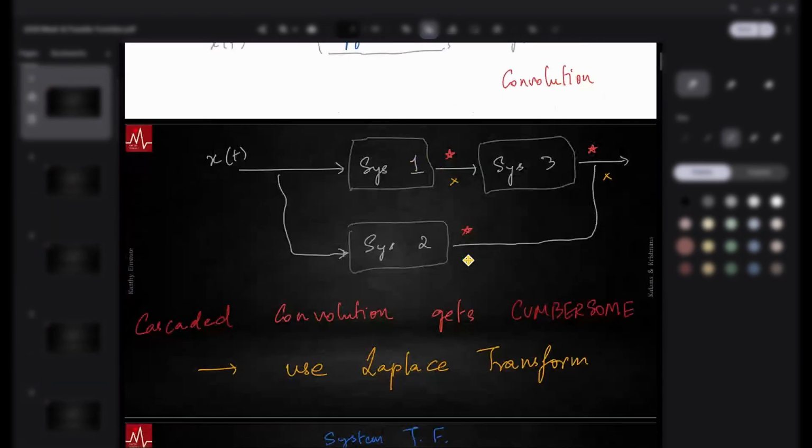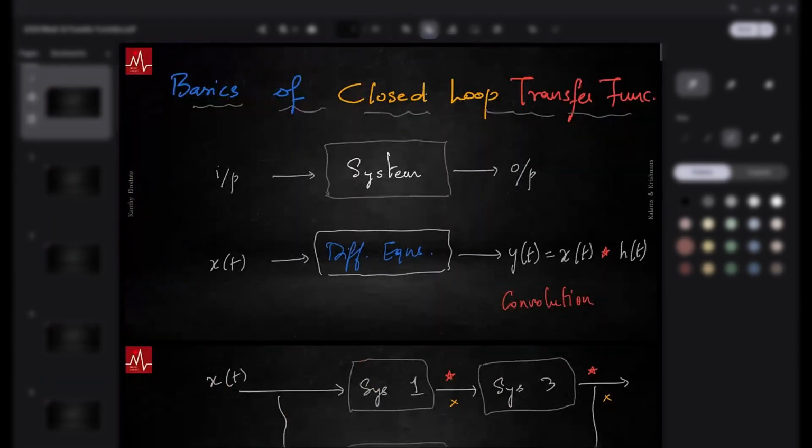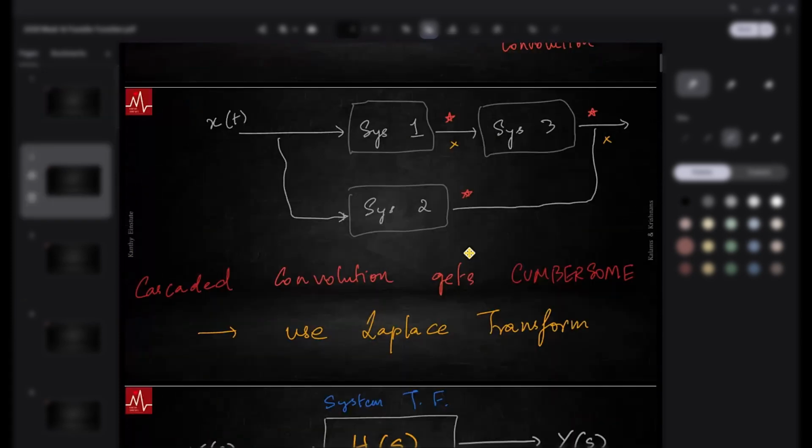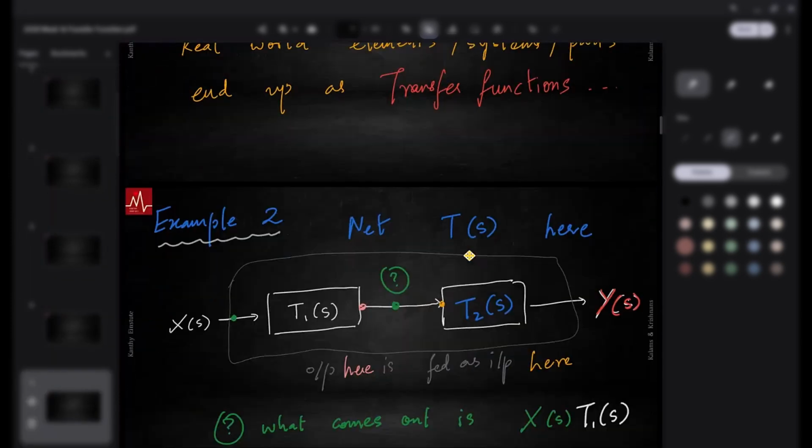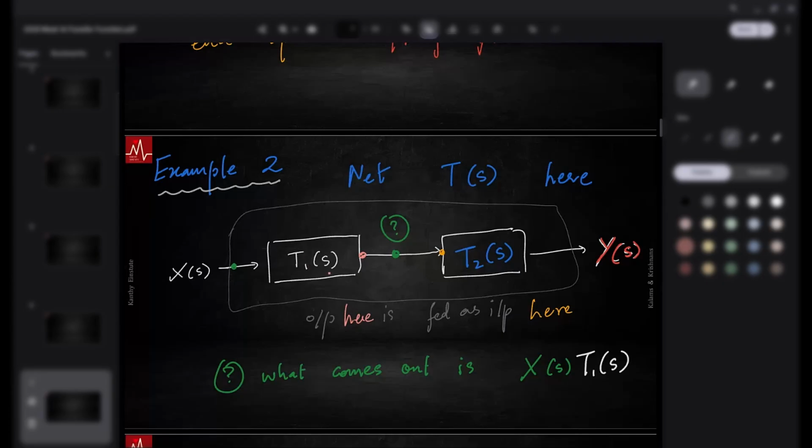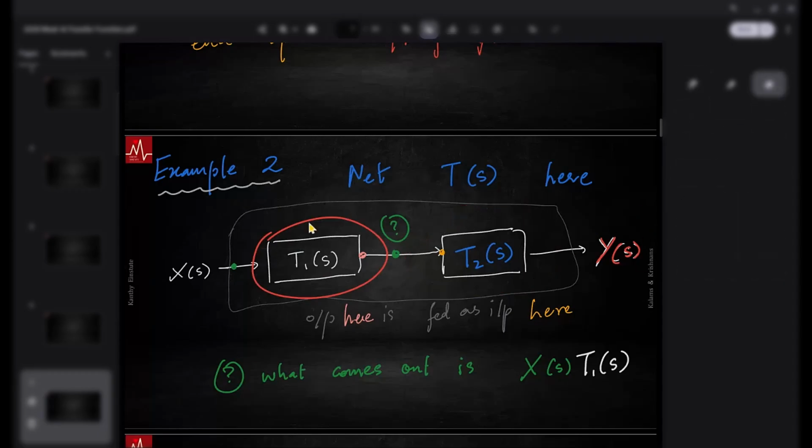And I said we'll do the basics of the closed loop transfer function. So take this analogy: I tell you to read, practice, then take a test, then you learn, right? That is an open loop.